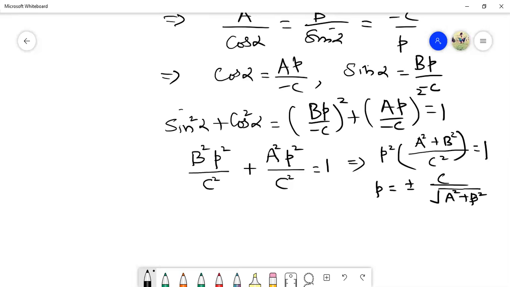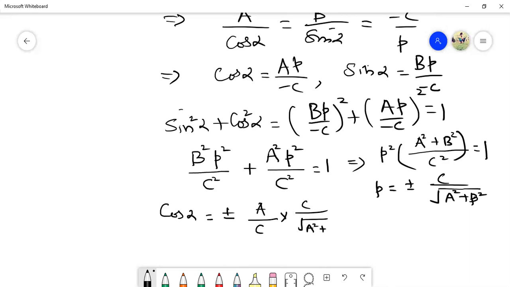Then cos alpha, similarly: a/cos alpha = -c/p, so cos alpha = ±a/c × p, and p is c/√(a² + b²). Are you understanding?